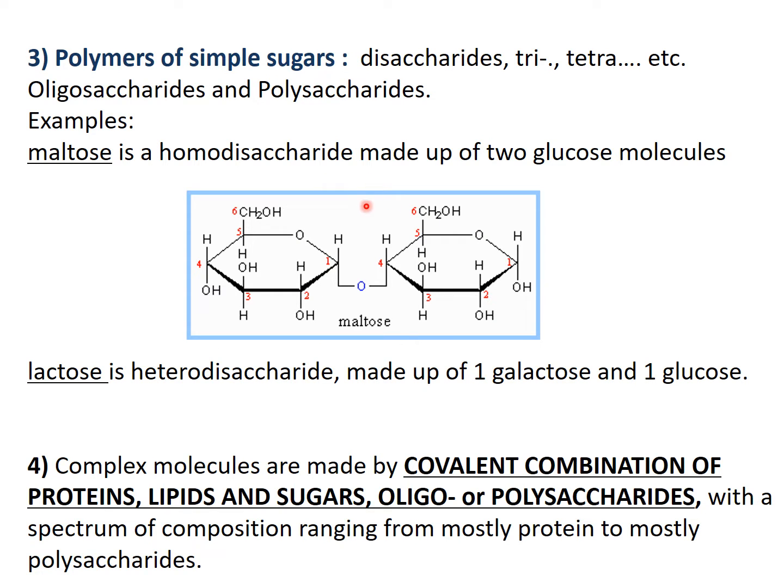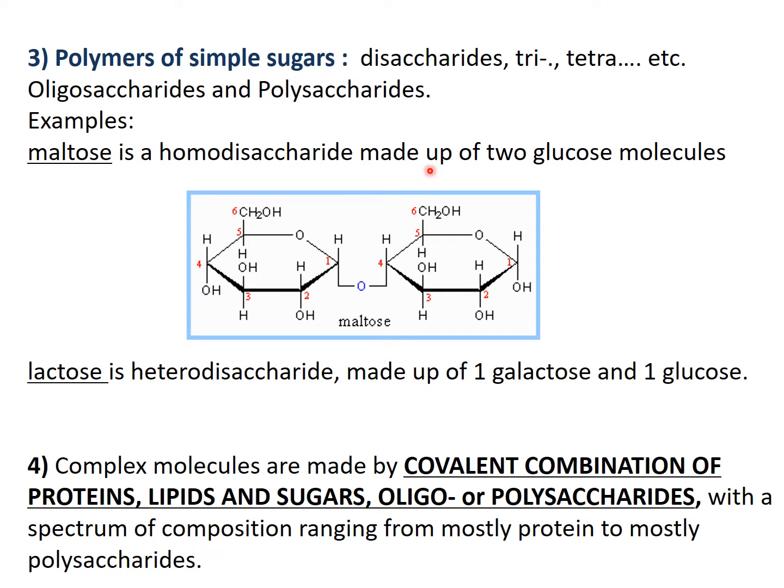Now, they can be polymerized. It can be a polymer of disaccharides, trisaccharides, tetrasaccharides, oligosaccharides, and polysaccharides. They can be the repeat of the same sugar, like maltose. You remember maltose was one of the disaccharides that was produced from glycogen in the digestive tract. It is composed of glucose. Or you also learned about heterodisaccharides, one of them was lactose, with glucose and galactose components, and the other was table sugar, which was fructose and glucose.